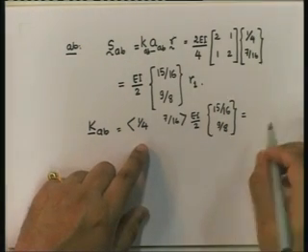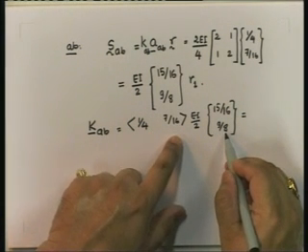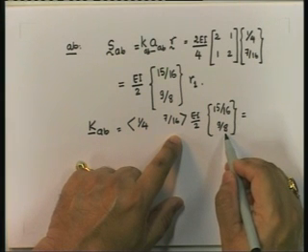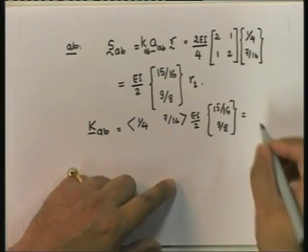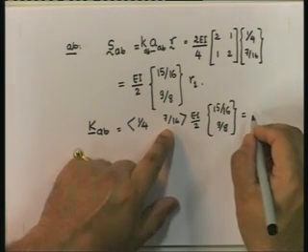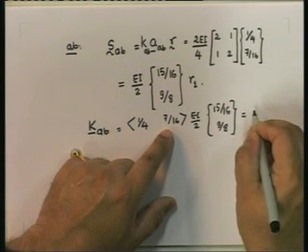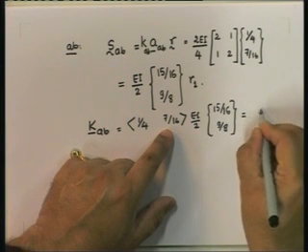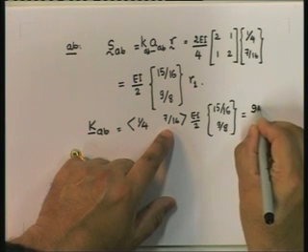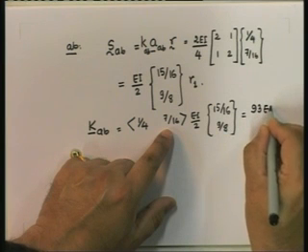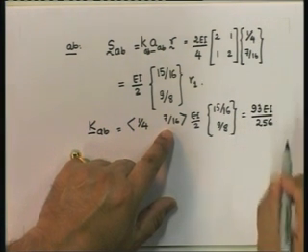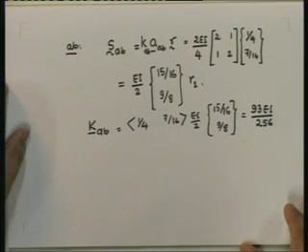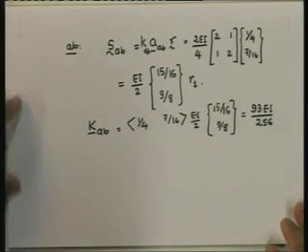So if you look at this, this becomes 63 upon 128, and this becomes 30 upon 128. So 63 plus 30 is 93 upon 128. So this is going to become 93 EI upon 256, because 128 into 256.